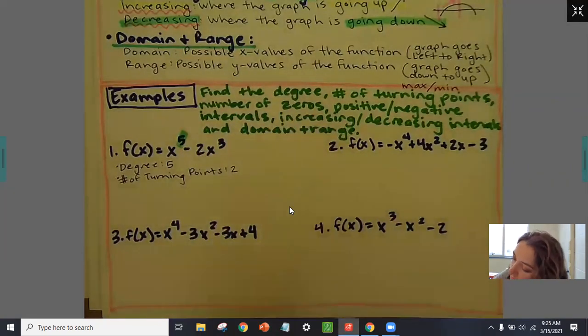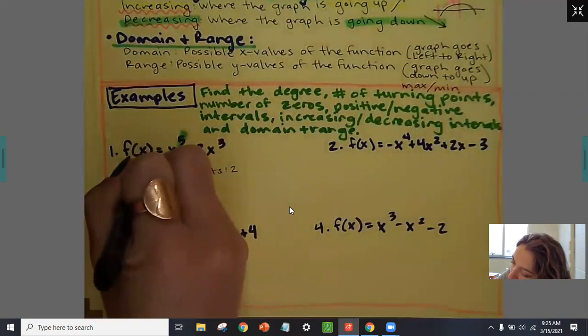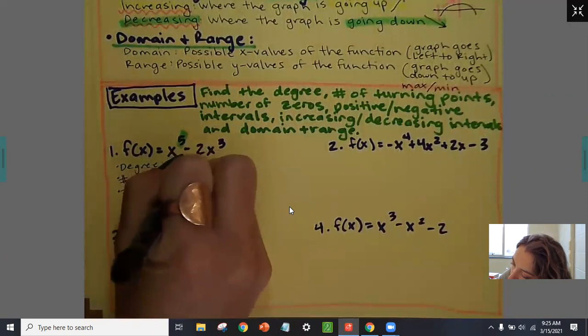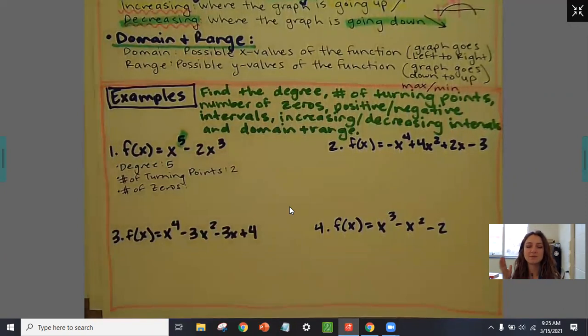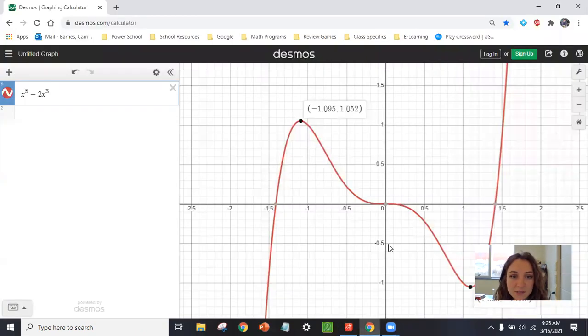All right, then for the number of zeros, that's just going to be how many times it crosses the x-axis. So we're just looking at x-intercepts here, nothing else. Let's go look at the x-intercepts. That's happening 1, 2, 3 times.